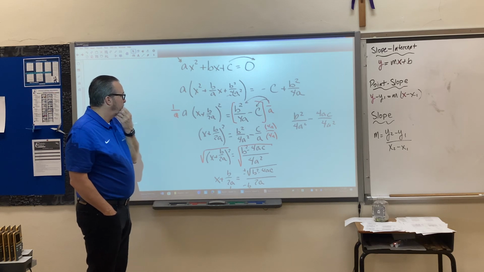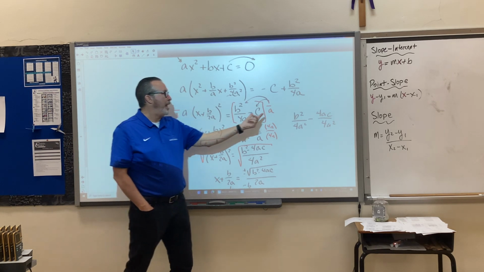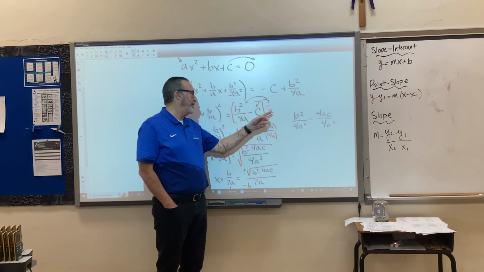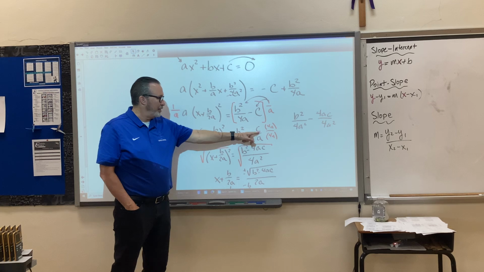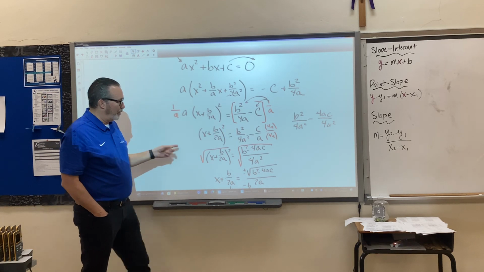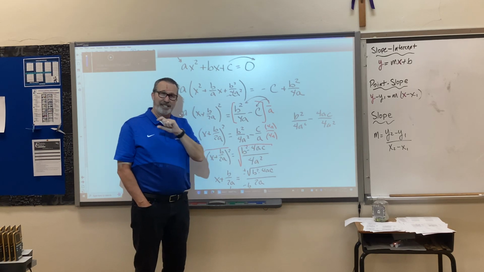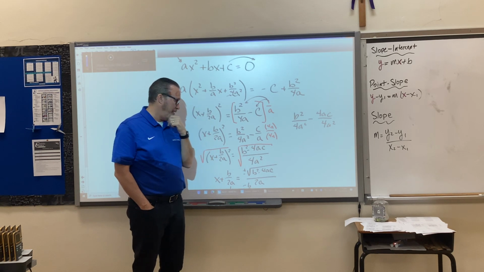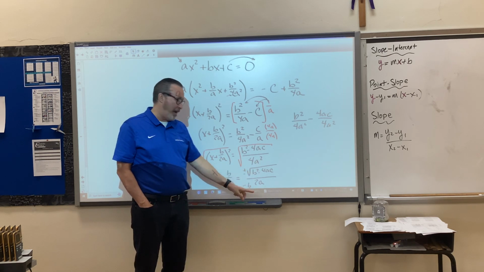And then we can solve for the squared thing by dividing both sides by a, distributing that in. Now we have b squared over 4a squared minus c, right? Square root both sides. And this b squared minus 4ac just stays b squared minus 4ac on the top. But the square root of 4a squared is 2a.